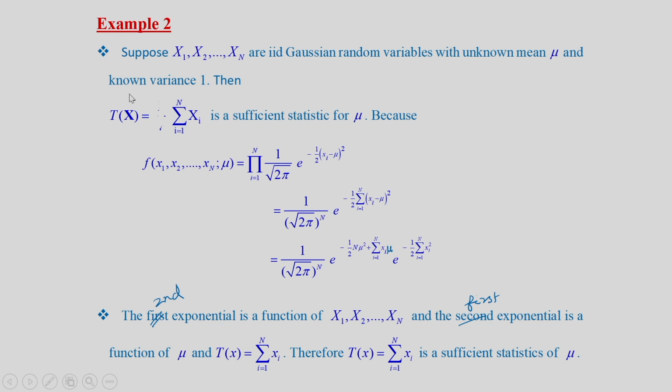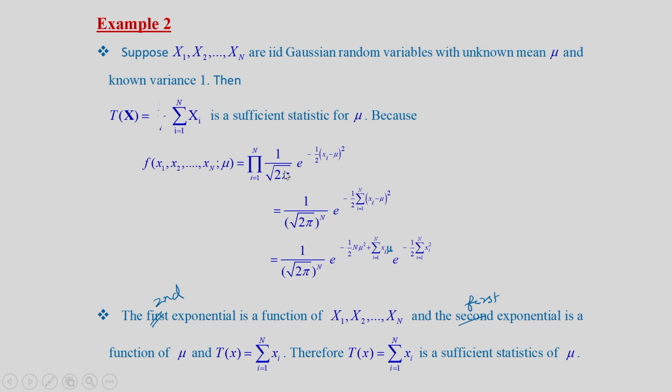We will consider an example. Suppose X1, X2 up to Xn are IID Gaussian random variables with unknown mean mu and known variance 1. Then T(X) is equal to summation Xi, i going from 1 to n, is a sufficient statistic for mu, because we will write this joint PDF as a function of mu.